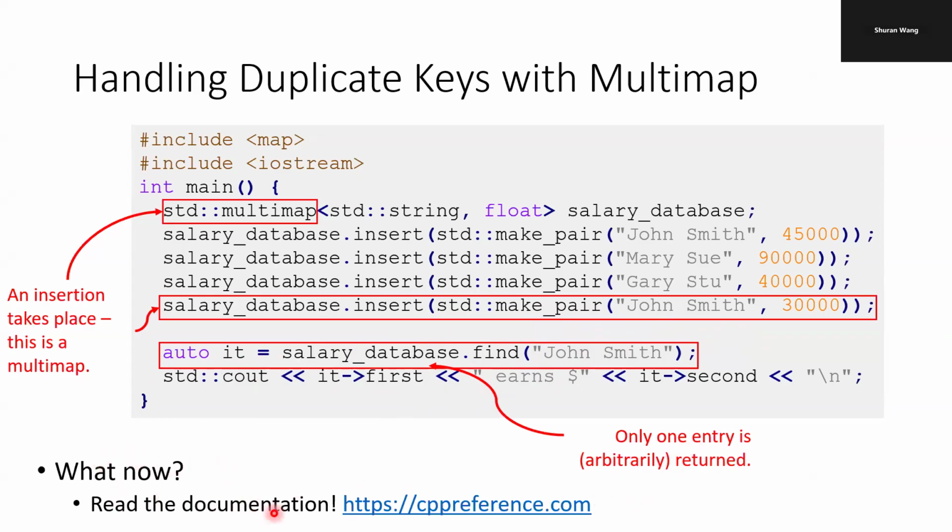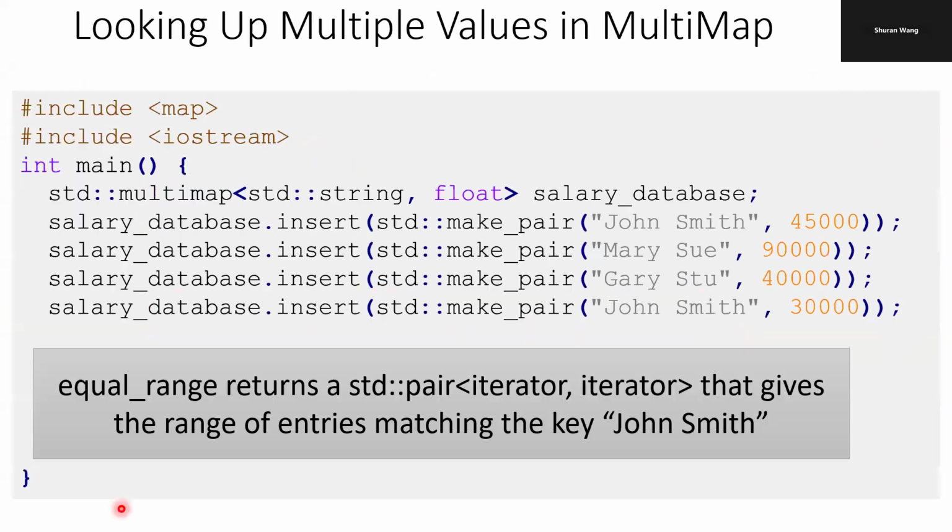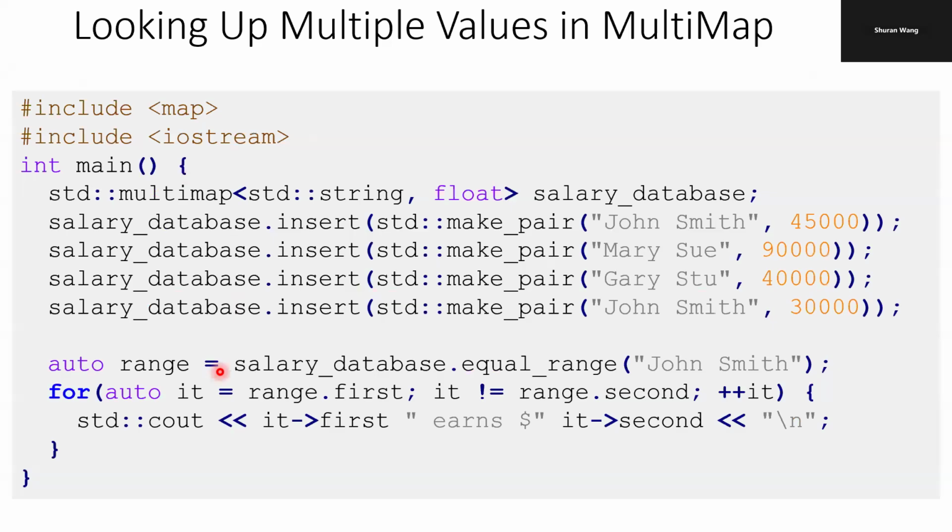But if we read the documentation, because find always returns a single iterator. But if we read the documentation online for multi-map, we see that there is something called equal range. And this will return the range of iterators. So you can query from range.first to range.second.